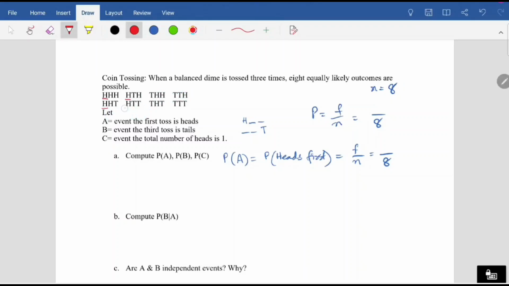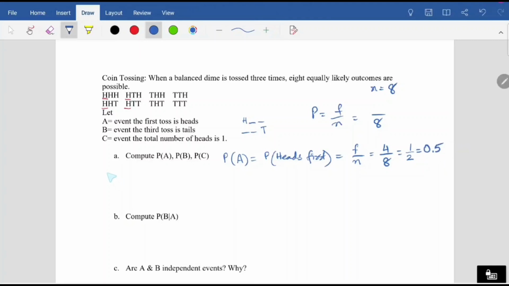H is first, and then H first. So we have 4 cases. We can get a heads first in 4 different ways. So our F is going to be a 4. So it's 4 over 8, which is 1/2, which is 0.5 in decimals.